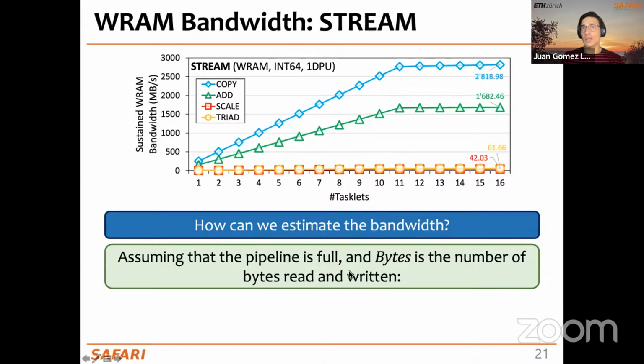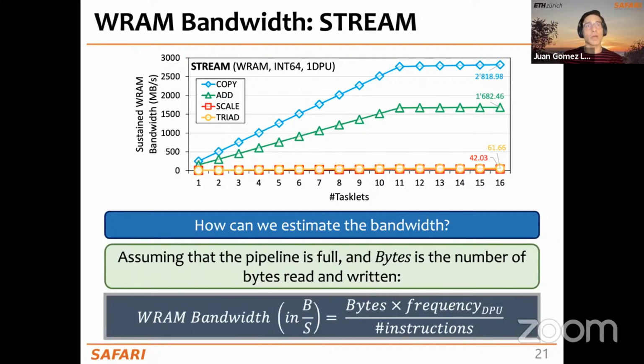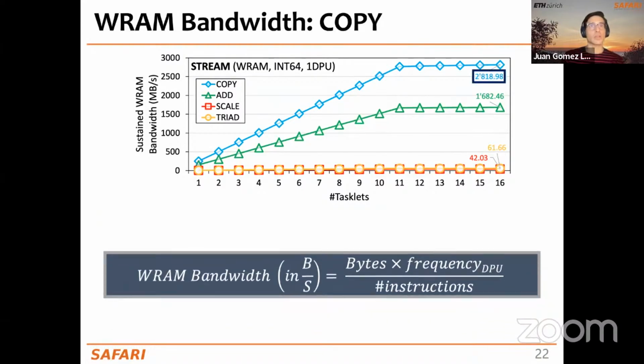So we assume that the pipeline is full, and bytes is the number of bytes that we read and write in each iteration of these microbenchmarks. This way, we can estimate the WRAM bandwidth in bytes per second as the number of bytes that we are moving times the frequency of the DPU divided by the number of instructions that we need for each of these specific operations, either copy, add, scale, and triad.